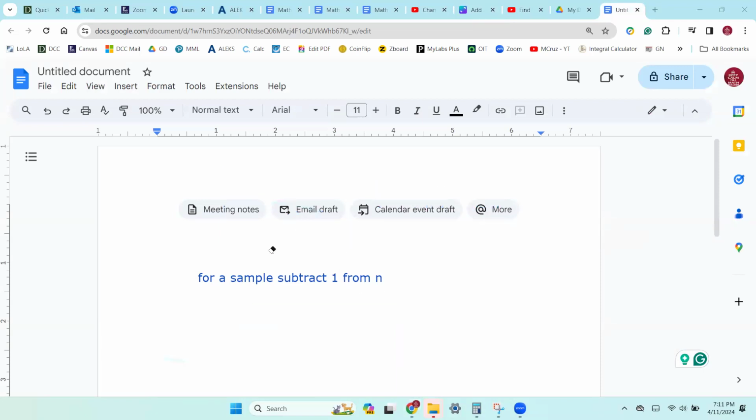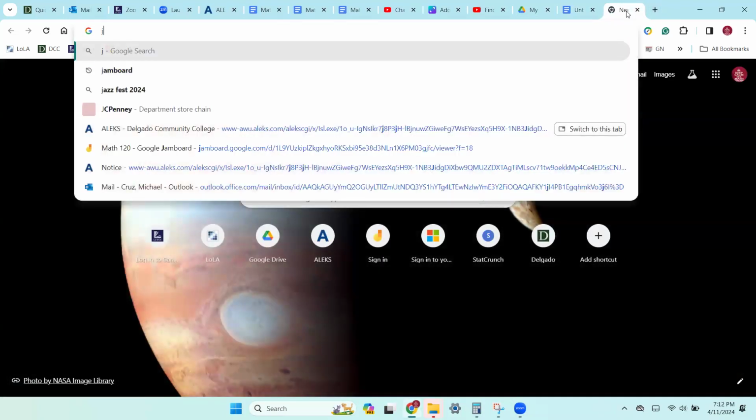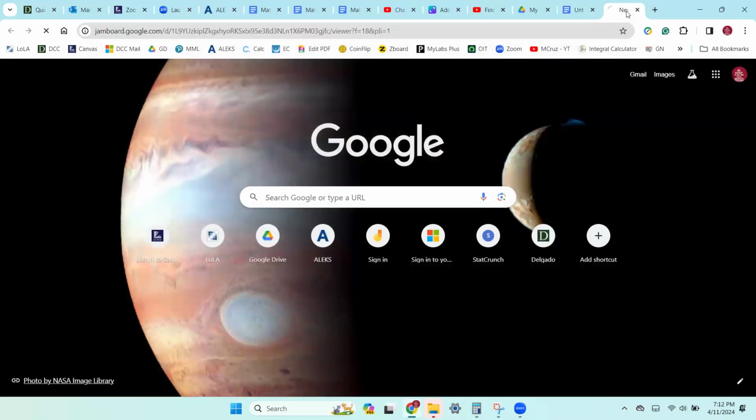I want plenty of white area to draw things. I guess I'm just going to go back over to the Google Jamboard. It's still there for a while.